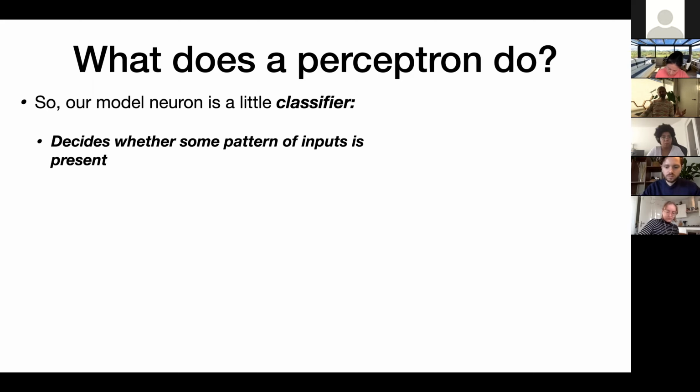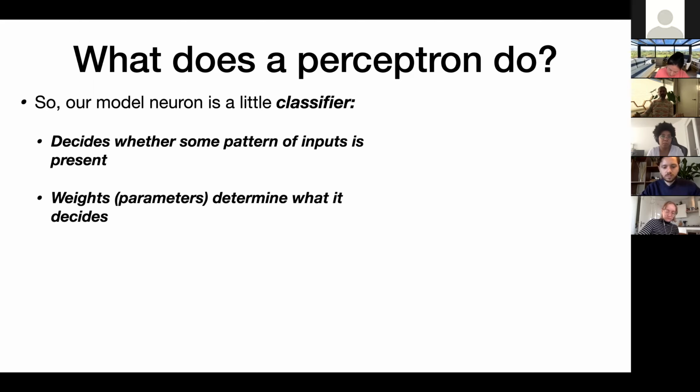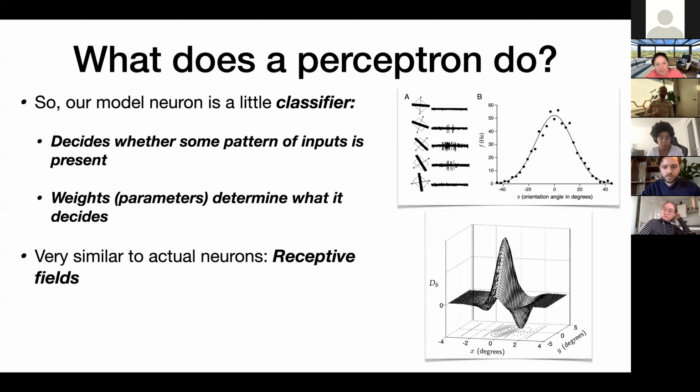And this decision is based, of course, on the weights that we've set for this perceptron, because those weights determine exactly what pattern it searches for to base that decision on. And in this sense, even though we've boiled down a lot of that biological complexity, it is very similar to what actual neurons do.